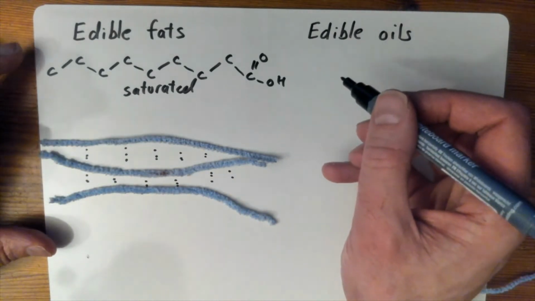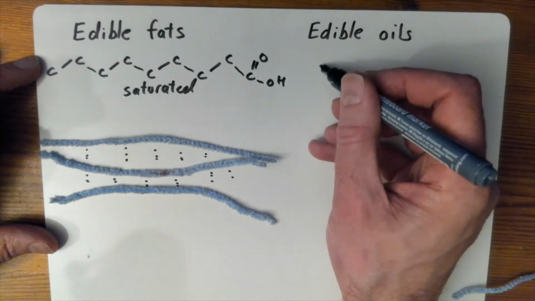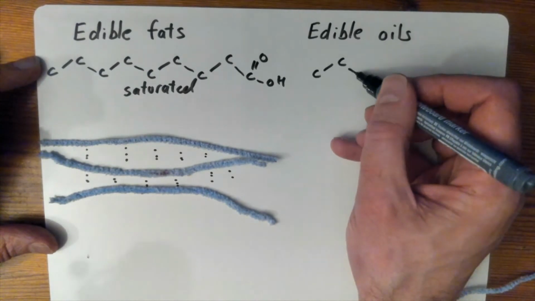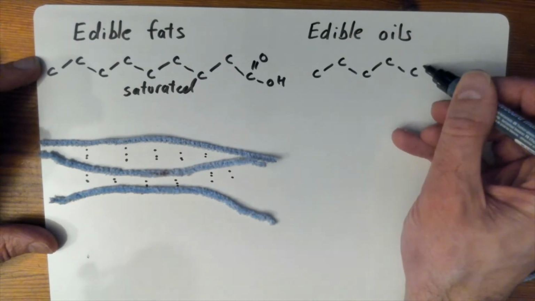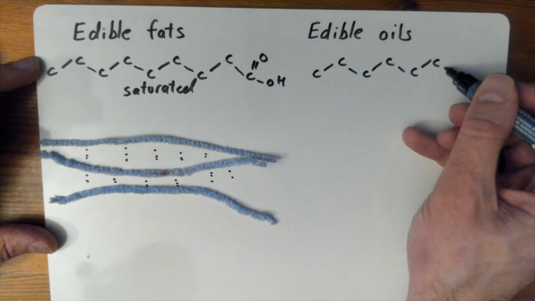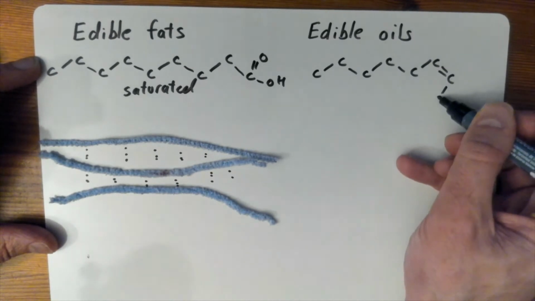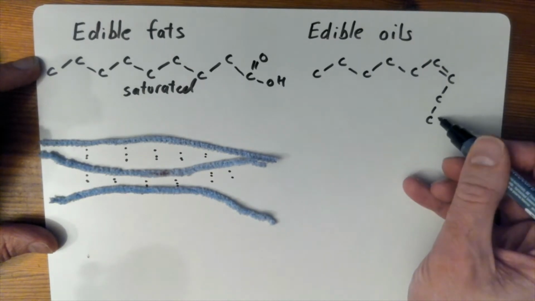Now let's look at the structure of edible oils. So oils tend to be unsaturated. They tend to have at least one double bond in the carbon chain for the fatty acid. So I'm going to stick a double bond in here. And this tends to cause a bend or a kink in the molecule.